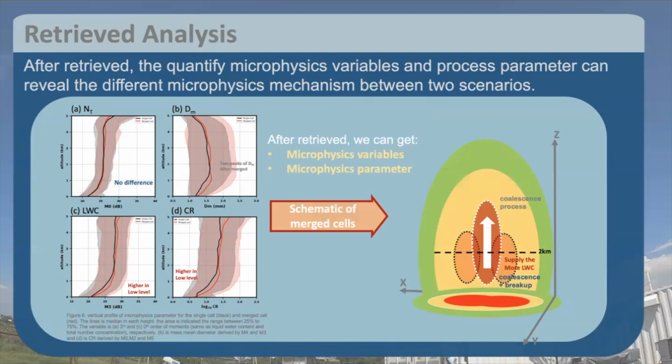Because these two types of afternoon thunderstorm have different microphysics processes, they have different rain rates and also different periods of extreme rainfall.